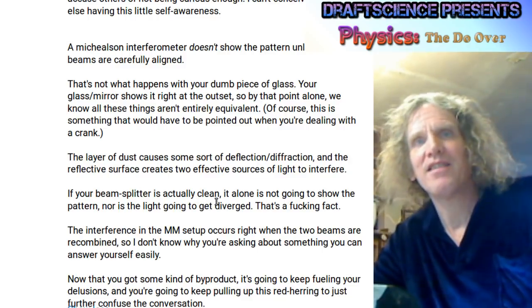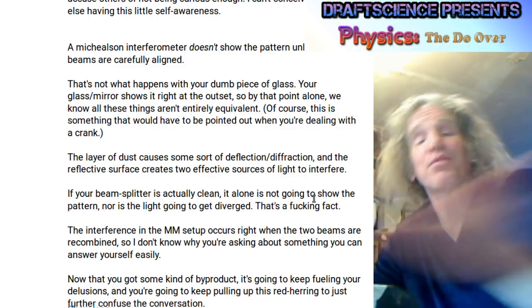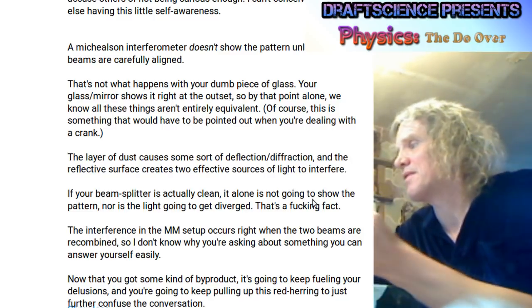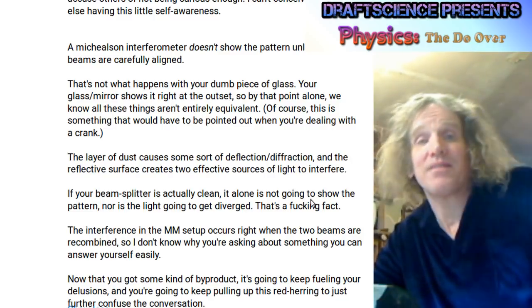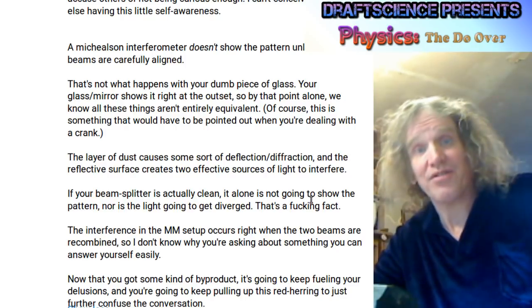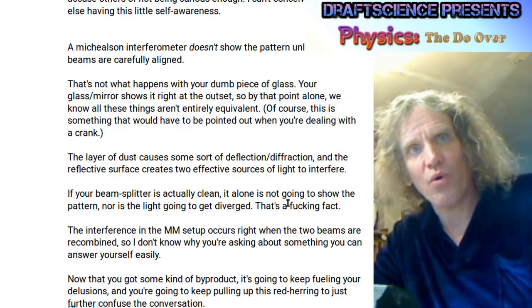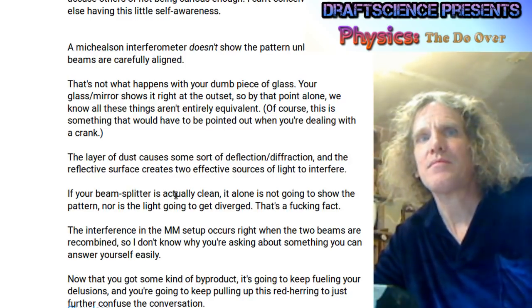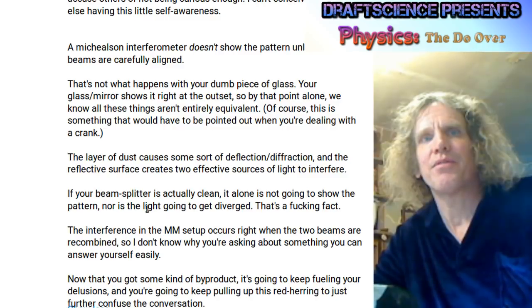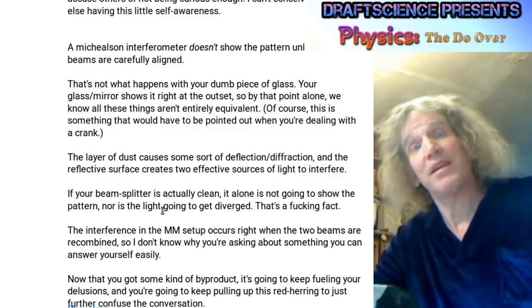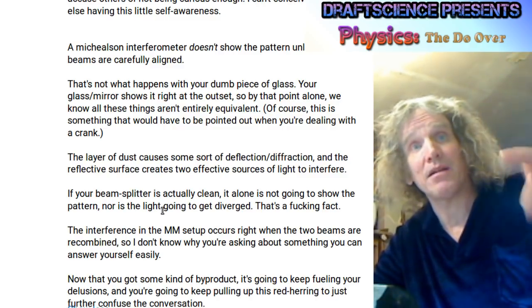And obviously if you put a diffraction gradient between two pieces of glass, as I did, that's essentially the same thing as putting the dirty surface in between the layers of glass. All right. If the beam splitter is actually clean, it alone is not going to show the pattern. Well, if it's one of your beam splitters, it will, because that has dirt in the middle.